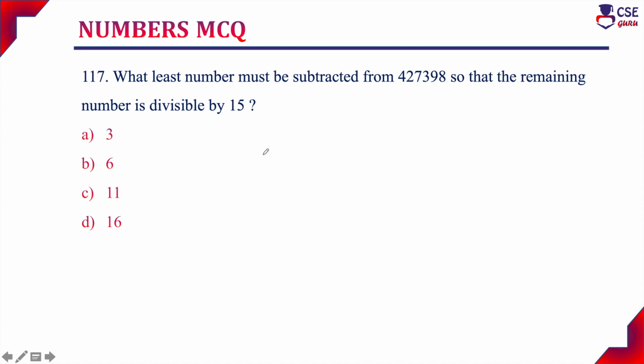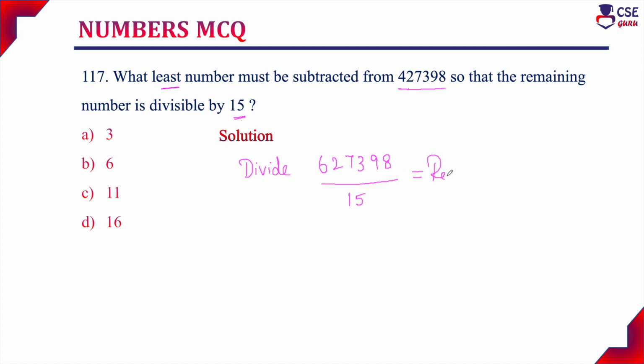Problem number 117. The least number subtracted from 427398 so that the remaining number is divisible by 15. This problem is the same as the previous problem. So we have to divide this number by 15 and see what remainder we get, and that remainder is nothing but the answer. So divide 427398 by 15, and the remainder we will get here is 3.